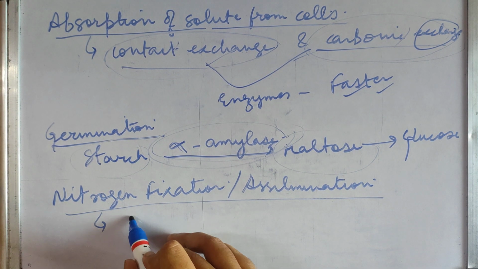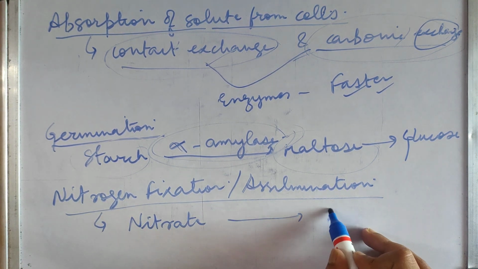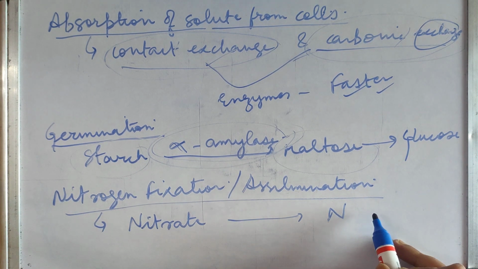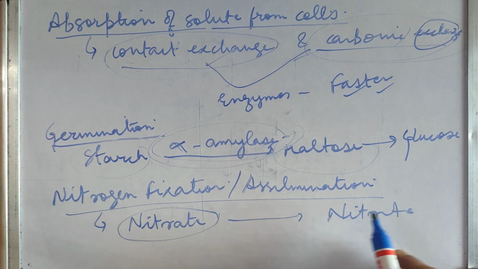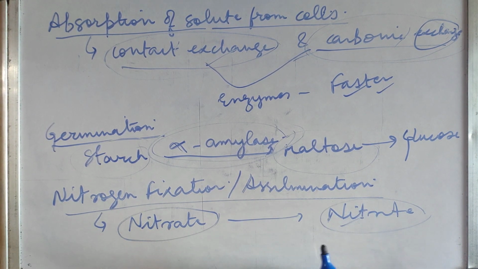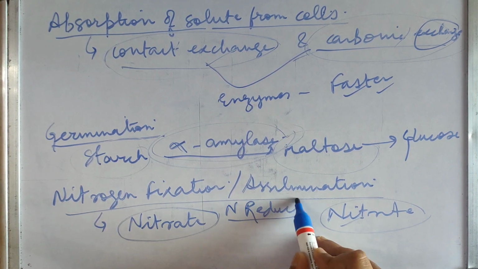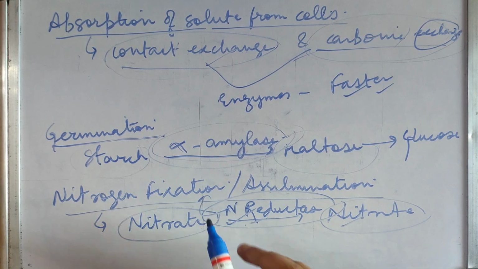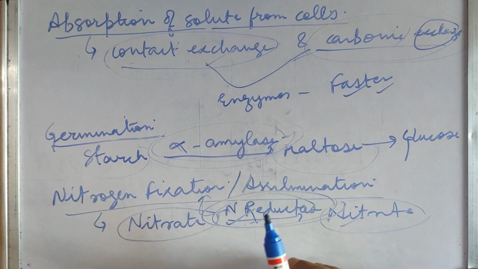Nitrate reductase converts nitrate into another form of nitrogen, that is nitrite, and it happens in the presence of nitrate reductase. So this enzyme is very important in nitrogen fixation, and it is found in root nodules.